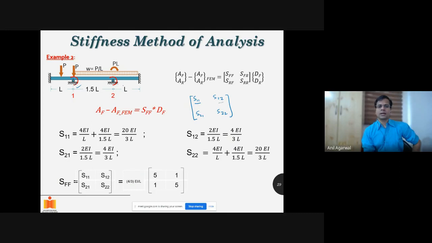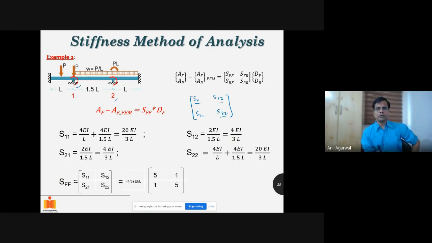S12 means if I rotate 2 by unit, how much moment will I have to apply here? Likewise, S21 means if I rotate this joint by 1 radian, how much moment I have to apply at 2. And S22 means if I rotate 2 by unit, how much moment do I have to apply here at the second degree of freedom?